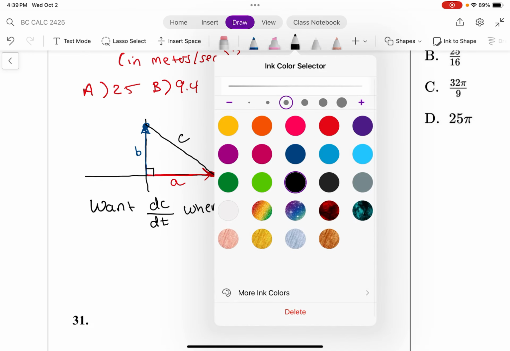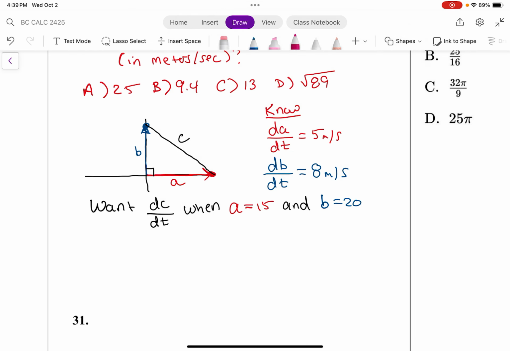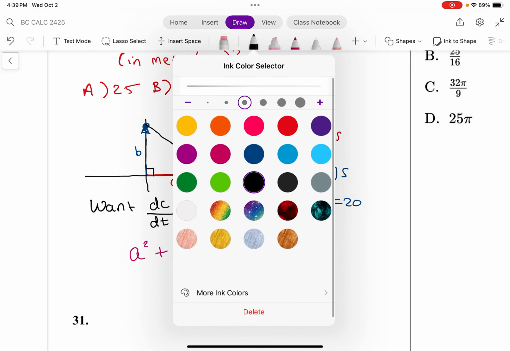And so now we just need a relationship between A, B, and C. Well, that's just the Pythagorean theorem. So A squared plus B squared is equal to C squared. We differentiate both sides with respect to time.